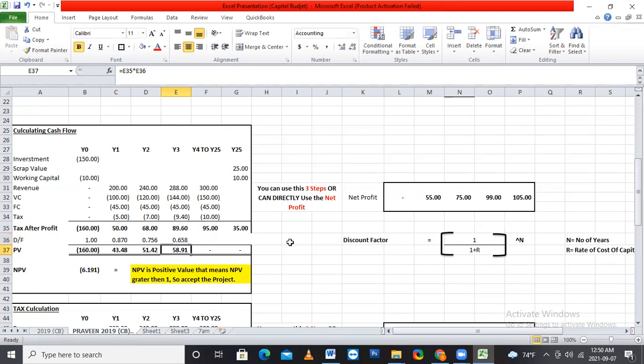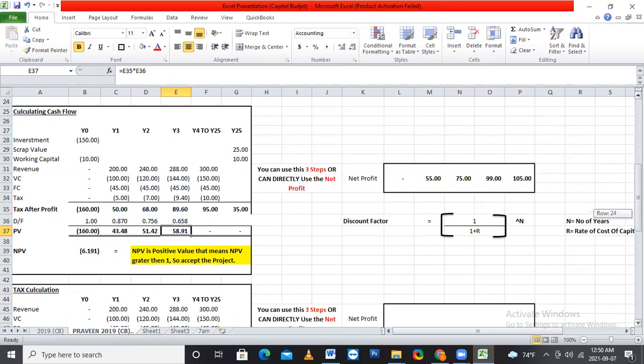Here is the most important point. We can't use the discount factor for year 4 to year 25. We can use the discounting factor for year 1 to year 3. We can't use it for year 4 to year 25.